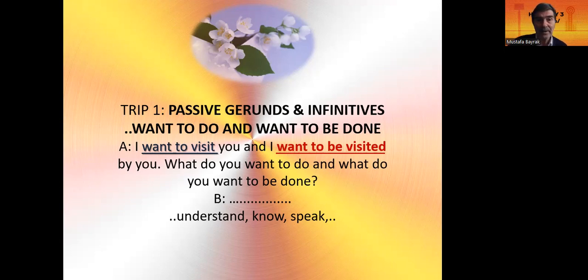So, I want to understand you, and I want to be understood by you. I want to know you. I want to be known by you. I want to speak to you, and I want to be spoken to by you. Is it clear? I think it's clear.